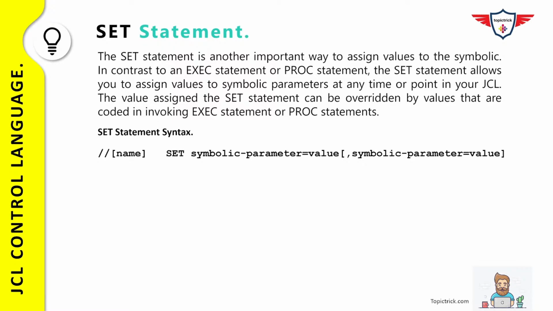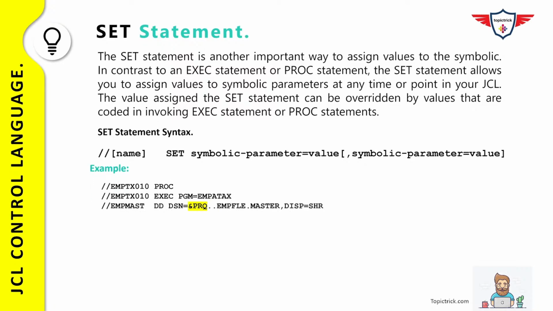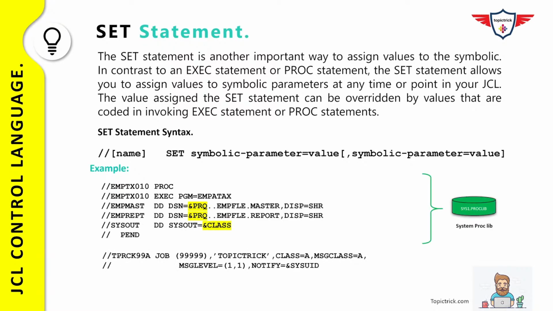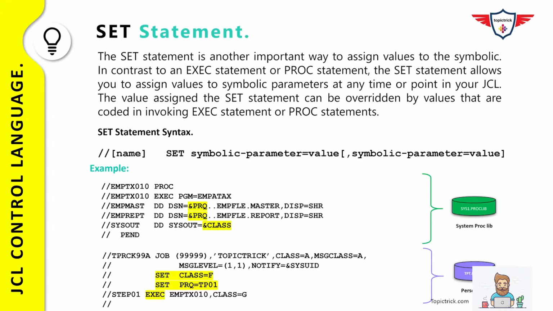So if you look at the example, again we are using the same example. We have a catalog proc which is stored in a system library, that is SYS1.PROCLIB, and we are using the symbolic parameters &PRQ and &CLASS. And if you look at the JCL, this time I've used the SET statement to assign CLASS value as F and PRQ equals TP01.